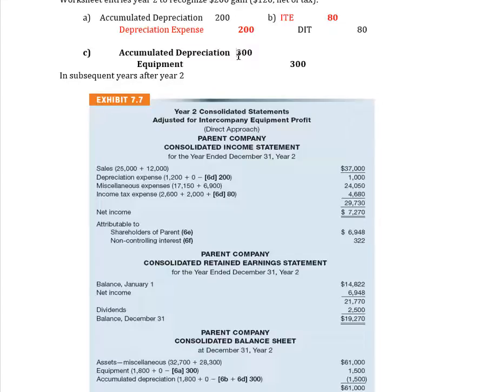So you would have to be reducing accumulated depreciation for consolidation purposes from $1,800 to $1,500. This would be made in subsequent years after year 2 if P still has that asset on its books.